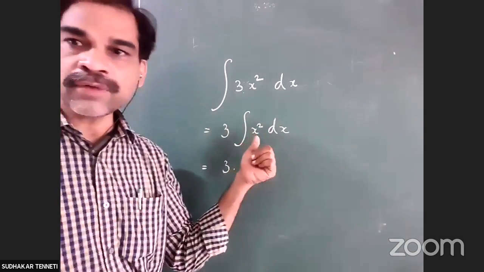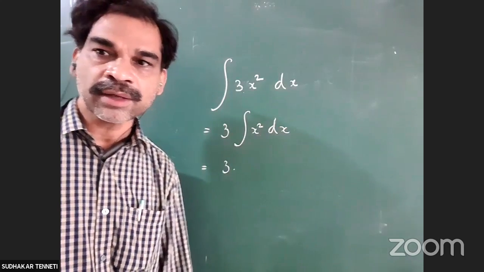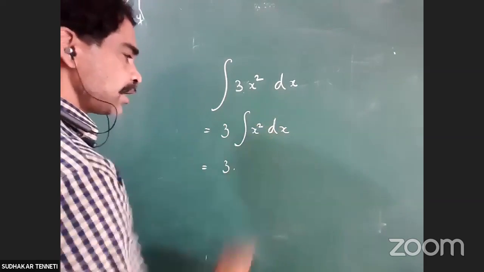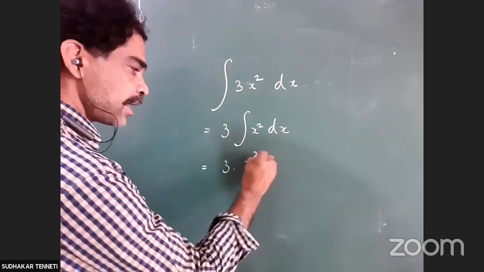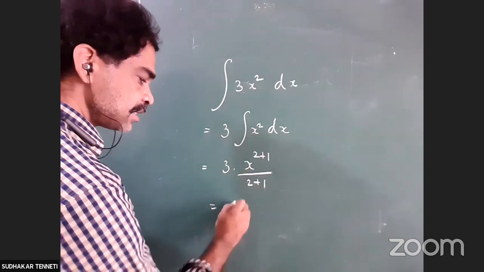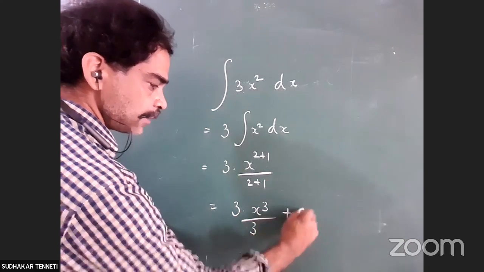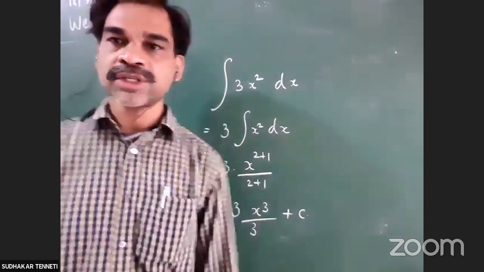Now it is in the form of integral of x square. What is the formula for integral of x power n? X power n plus 1 by n plus 1. That means 3 into x cube by 3 plus c. It is followed by the constant c.